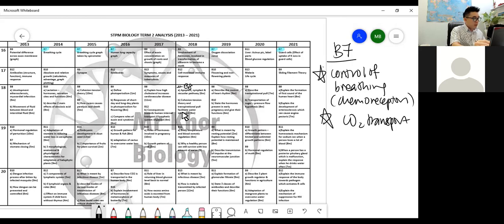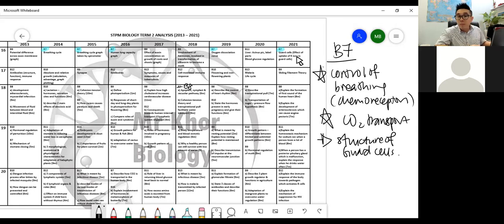In terms of what they can repeat, guys, they can repeat the guard cells, but the structure of guard cells. They can ask the structure of guard cells, because if you look at this, the effect of uptake of potassium ion.